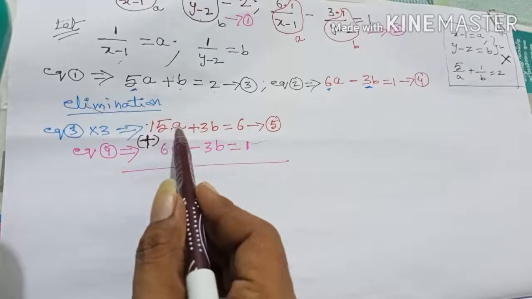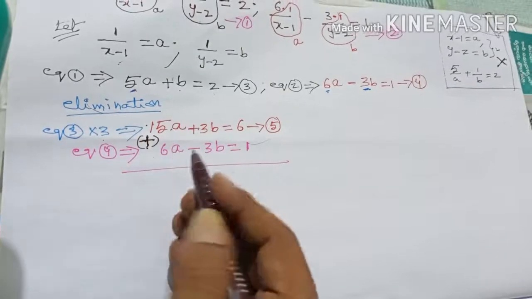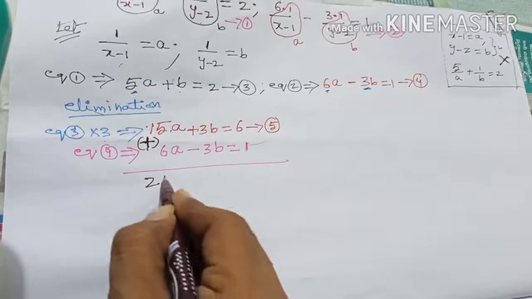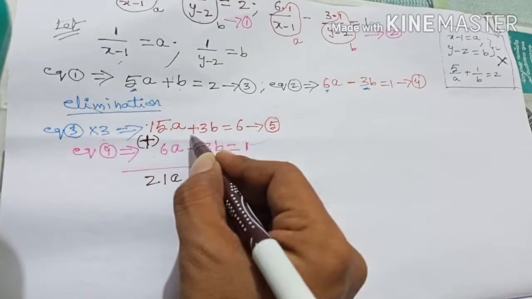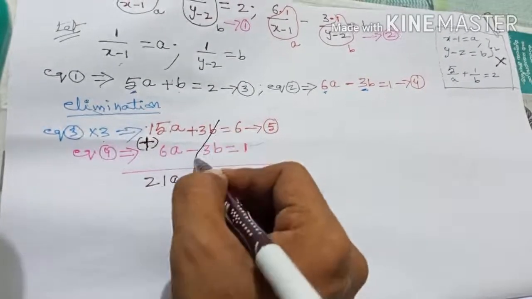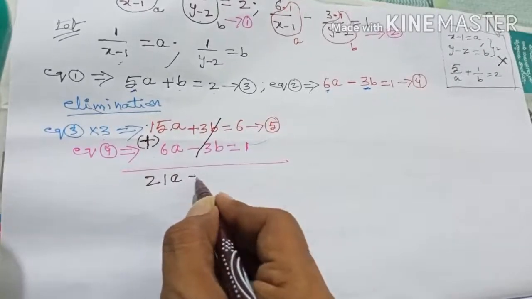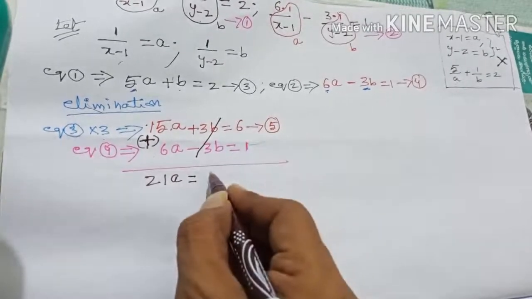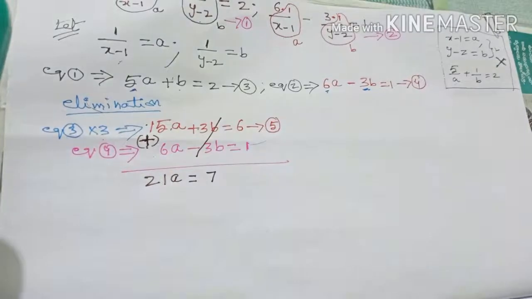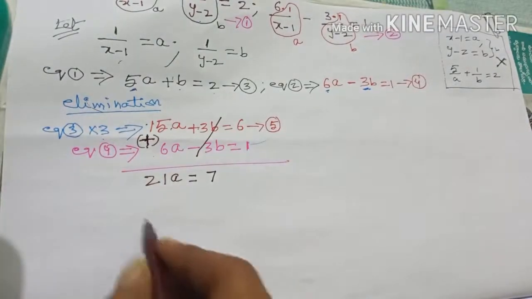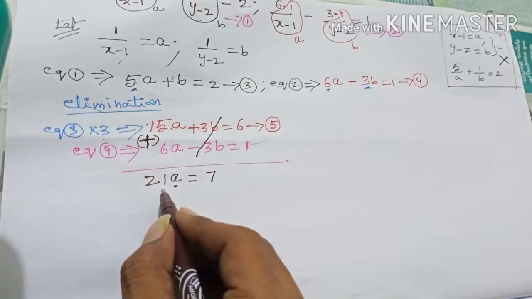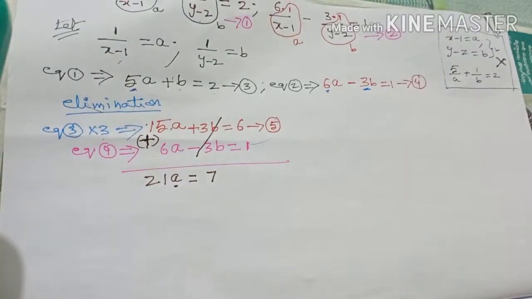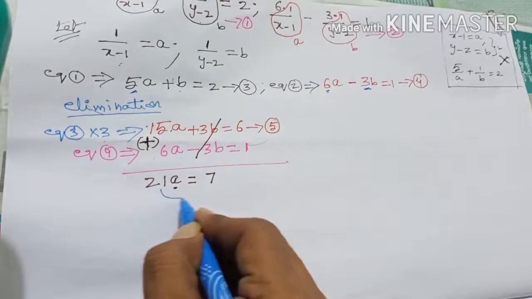Therefore, here plus 15a, here we have 6a. It is nothing but 21a. Okay, here plus 3b minus 3b cancels. Here you have 6 plus 1, which is nothing but 7, isn't it? Therefore, you have to find the value of a. That's why you have to transpose this 21 to the RHS.